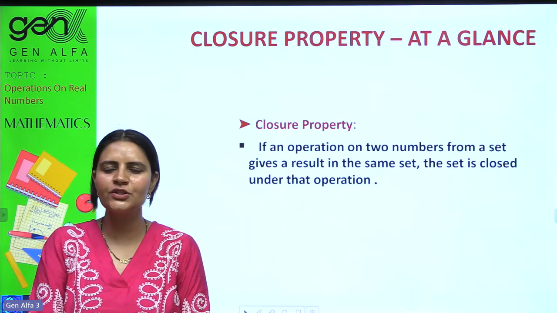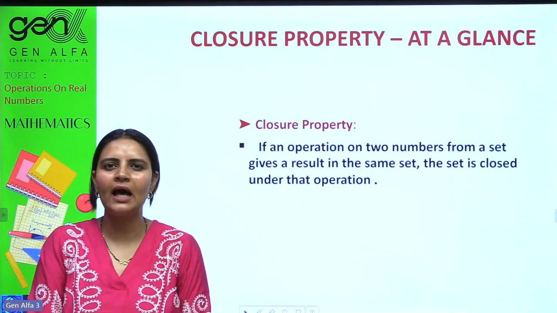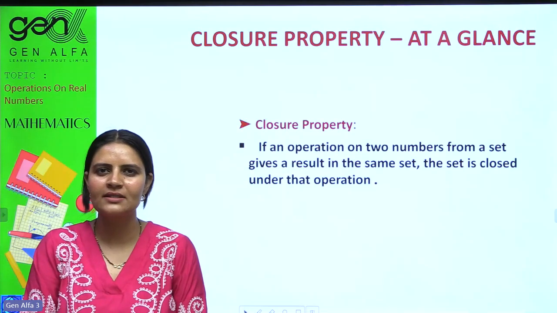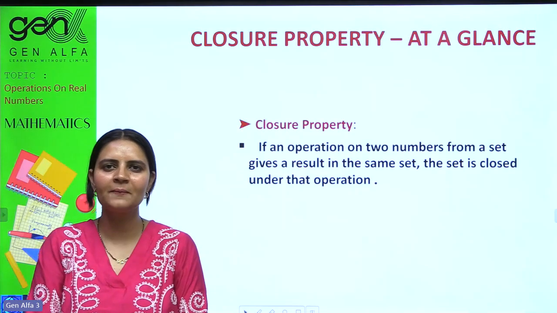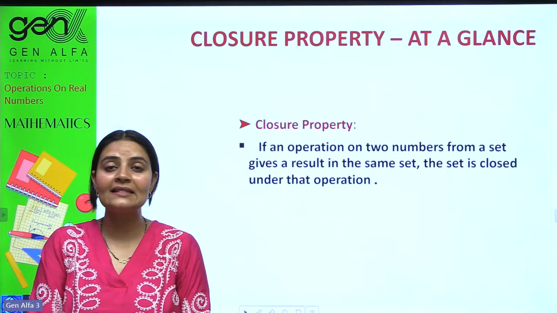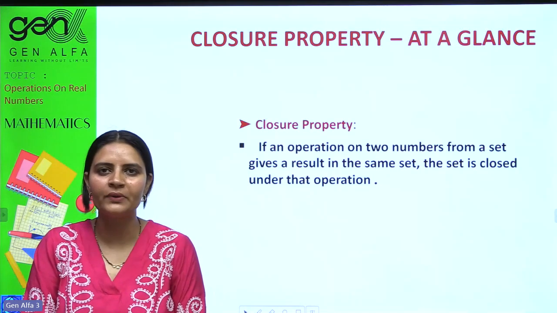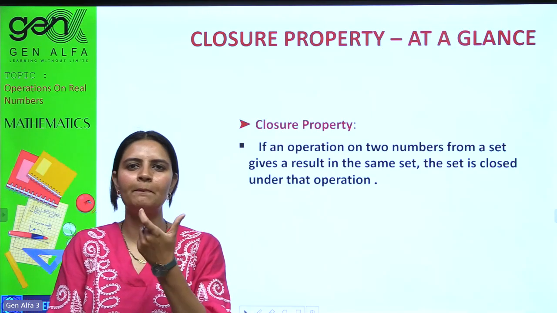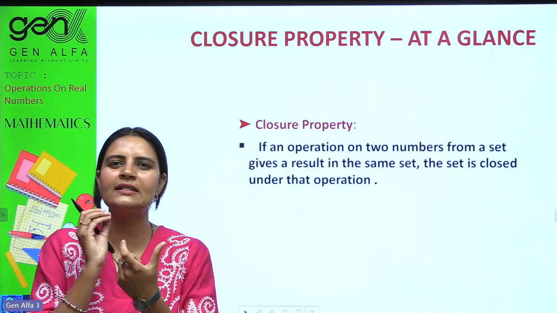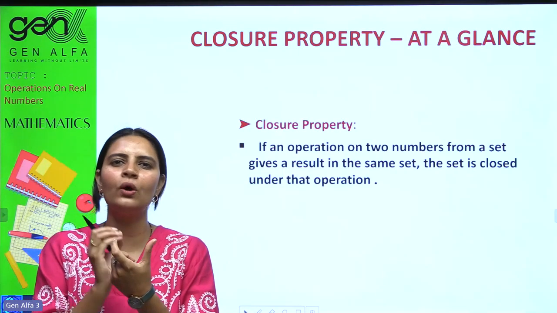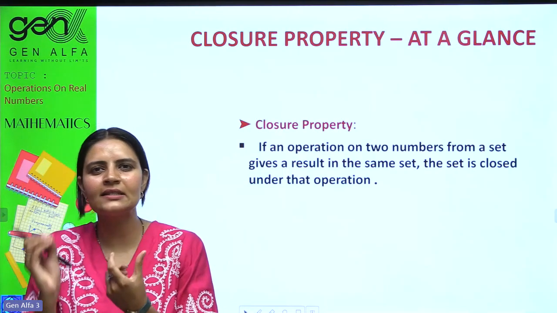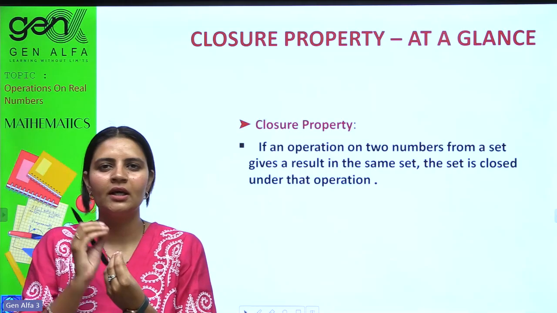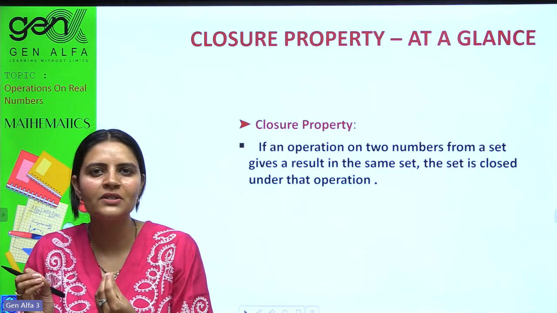I just asked you one question, that while adding two irrational numbers, is it still giving you irrational numbers? That is the question of closure property. If I take two numbers from a particular set, let's suppose I'm taking two whole numbers, is the result under any operation coming out to be whole numbers or not?